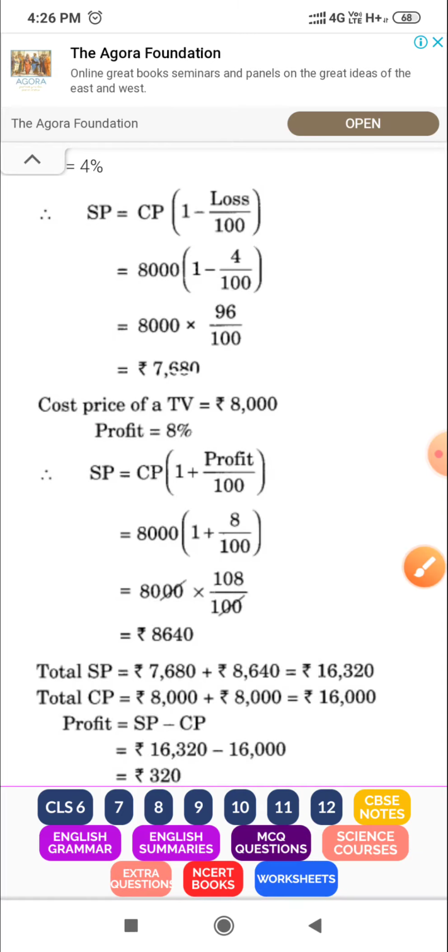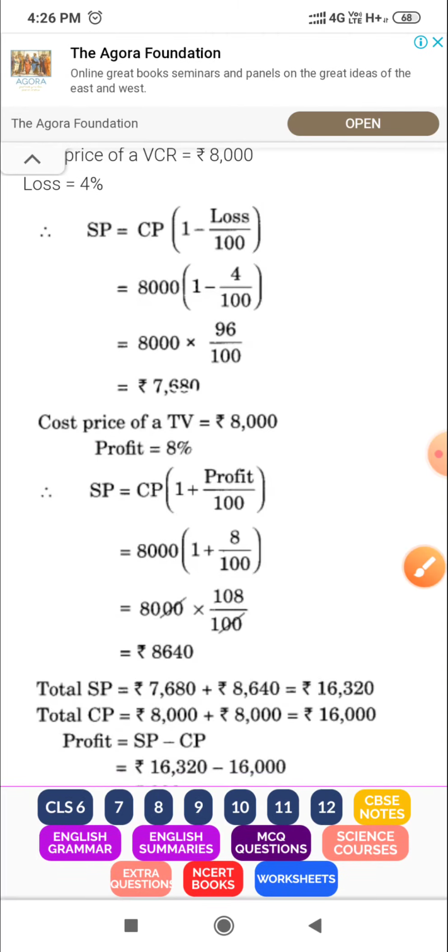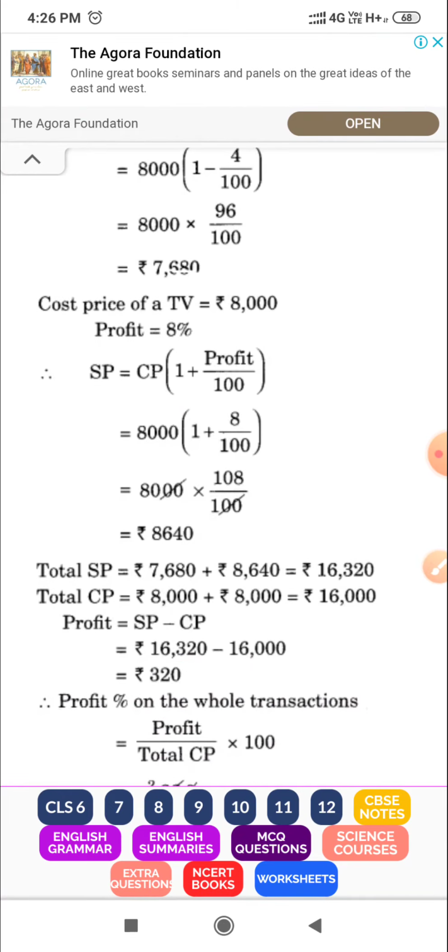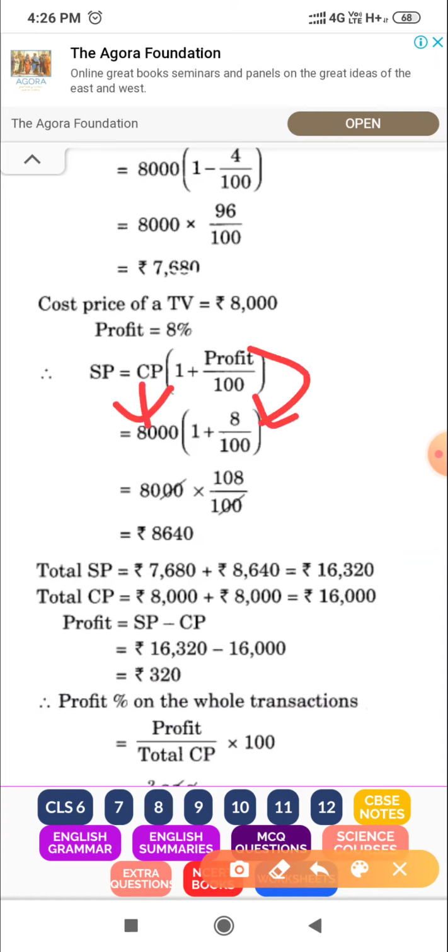Then we place all the values from the question, as it is given in the question that CP is rupees 8,000, profit is 8%. So we all know that LCM of 1 and 100 is 100.